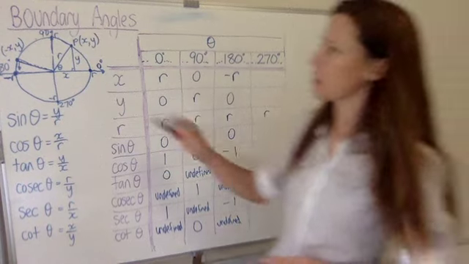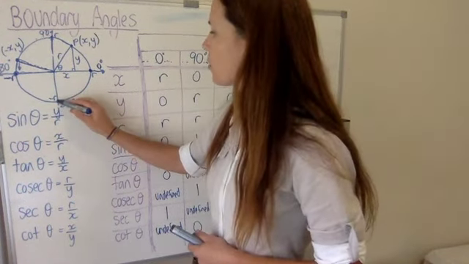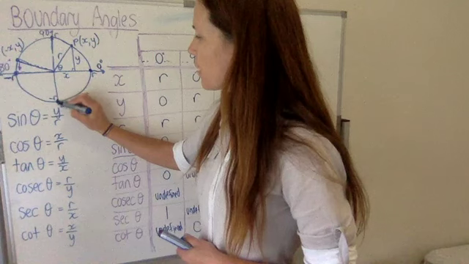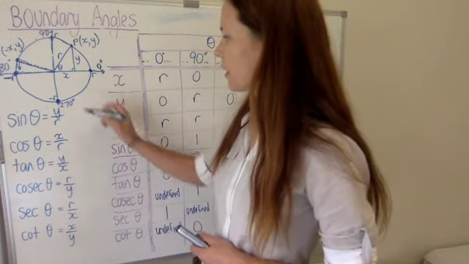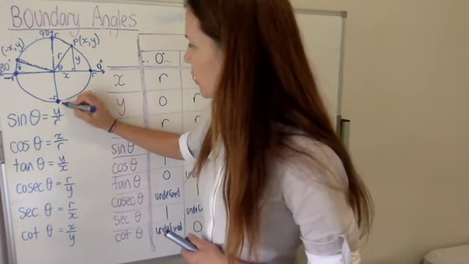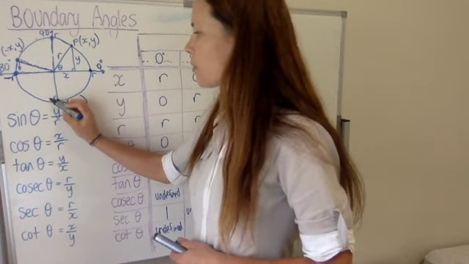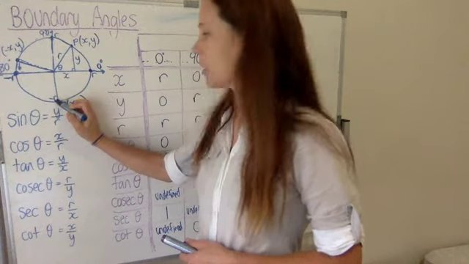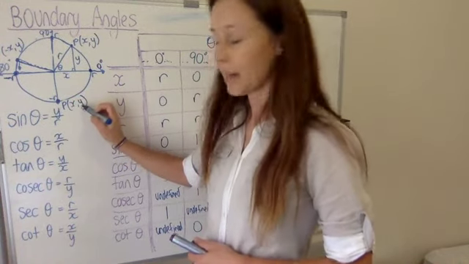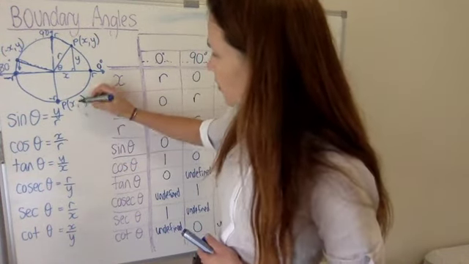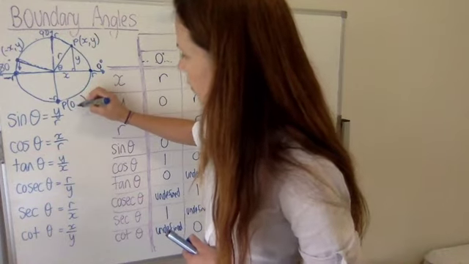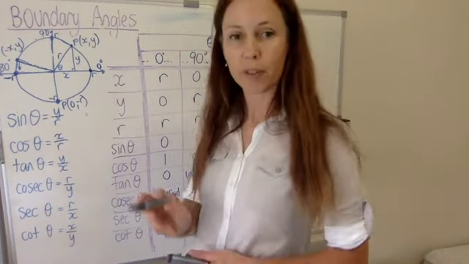All right, coming around to the last boundary angle, 270. Now this point down here, let's think what it looks like if we just label it P, x, y. Now this point here is minus r, isn't it? And now that's on its y-axis. So this point really here, it's got 0 for its x value and minus r for its y.